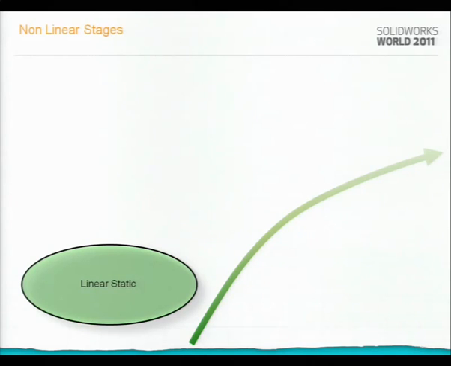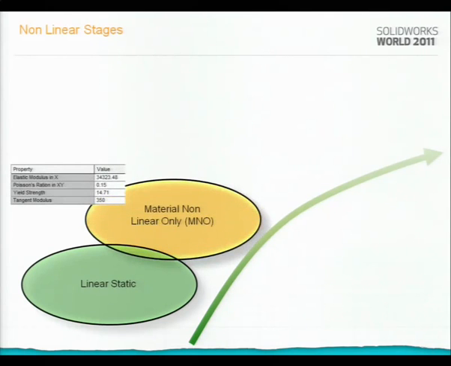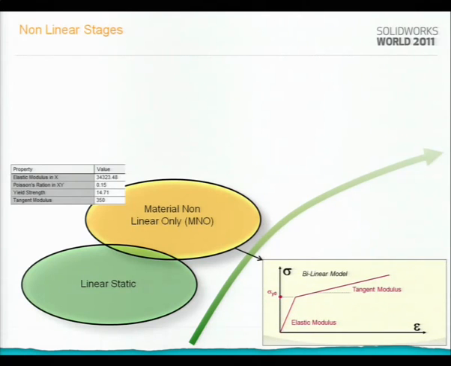The nonlinear stages, these are the stages for every example in nonlinear, and in SolidWorks Simulation we can simulate every one. First, the linear static. What I will focus on is the material nonlinear. This is the input in SolidWorks Simulation, right?